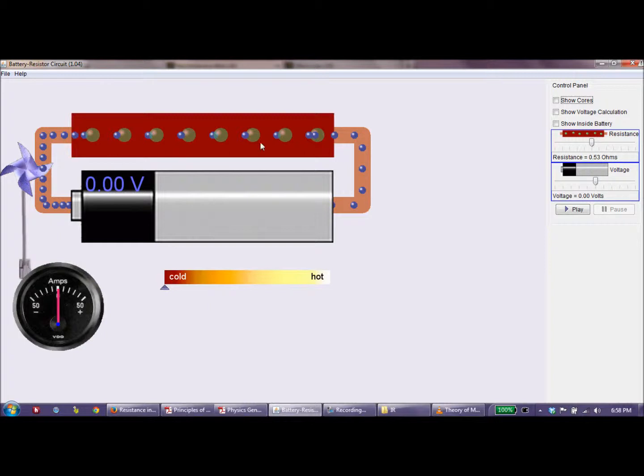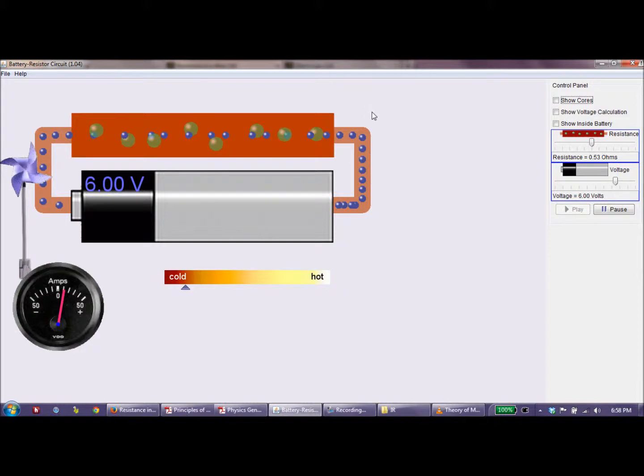The resistor is going to dissipate power, in other words, use up electrical power, while the battery supplies it. So as the battery supplies voltage, that creates a current, and the charges start moving, and that makes them have to give up energy as they go through there. They have to dissipate power, and that comes out in a lot of cases as heat.